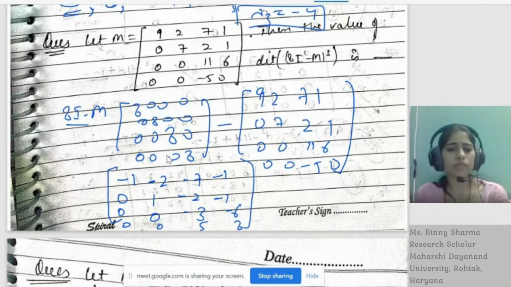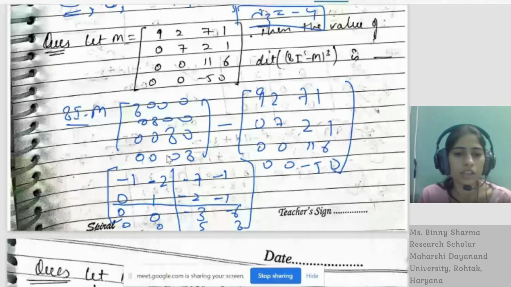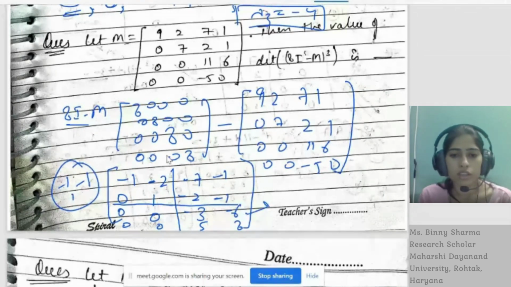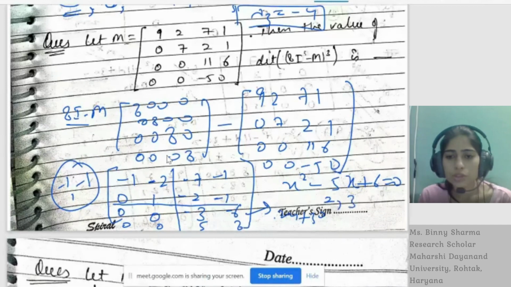Okay. You can find the eigenvalues by making this a block diagonal. Its eigenvalues are minus 1 and 1. Its eigenvalues will come from x square minus 5x plus 6, that is 2 or 3.